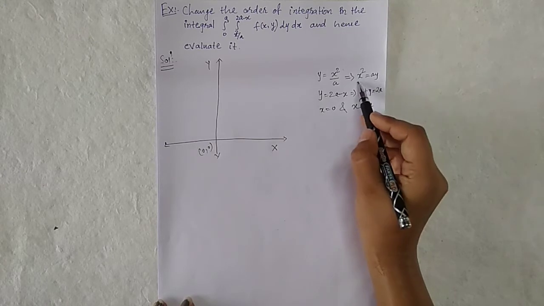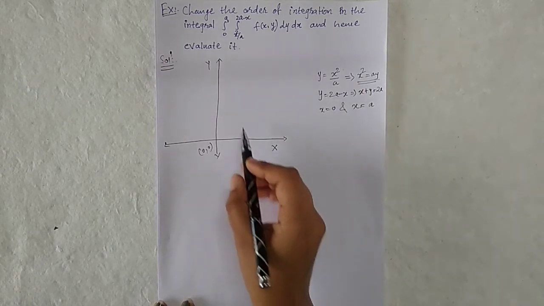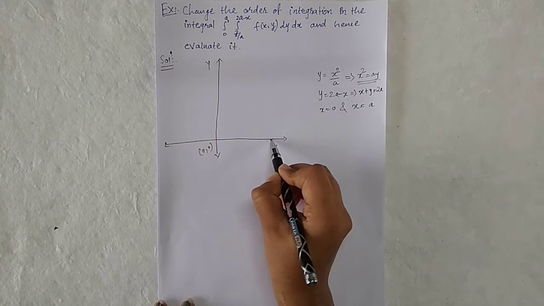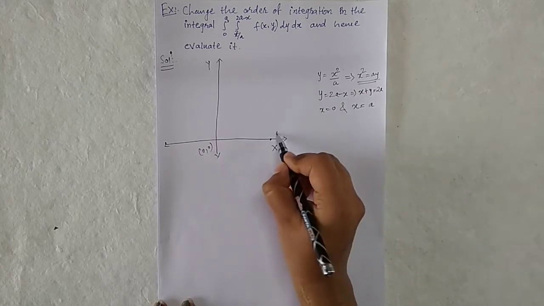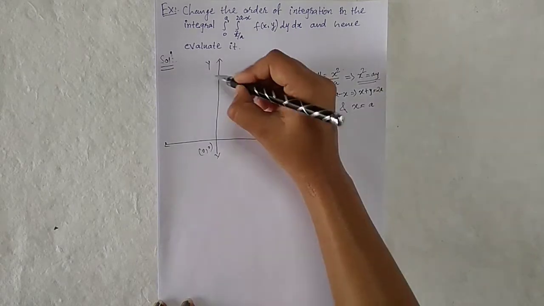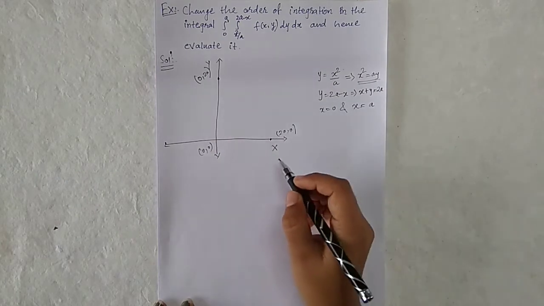So first we are putting x square is equal to ay. Suppose this is my point 2a. So here is 2a, 0, and suppose here is 0, 2a.